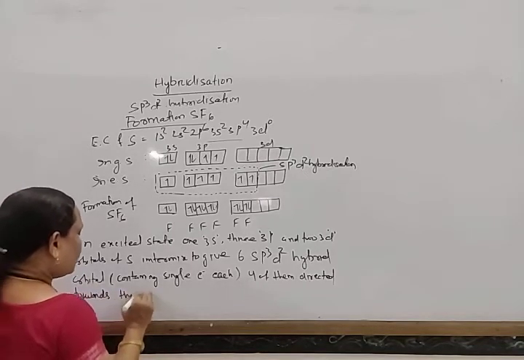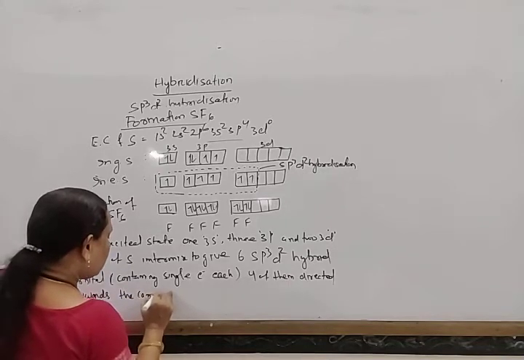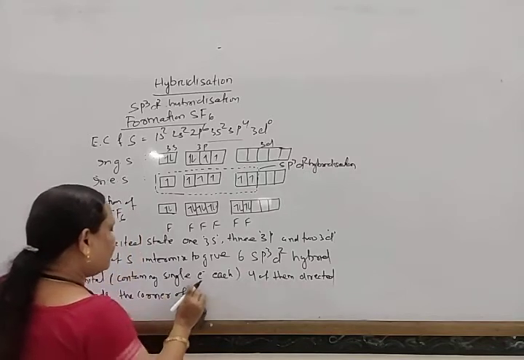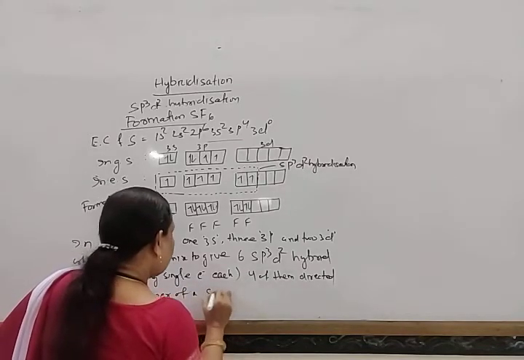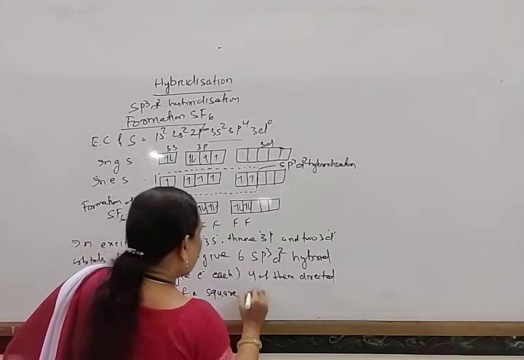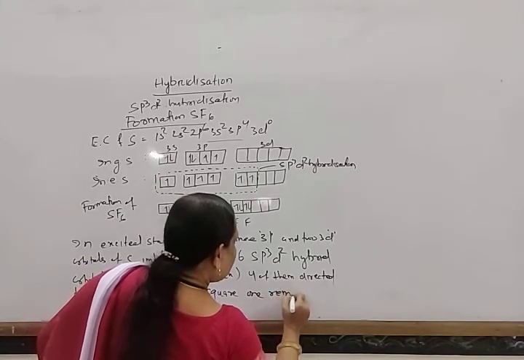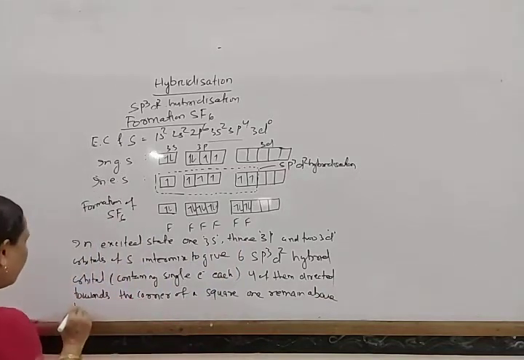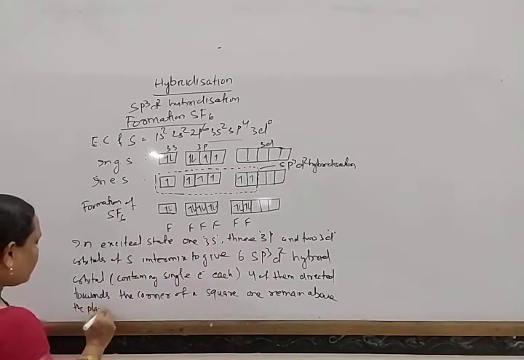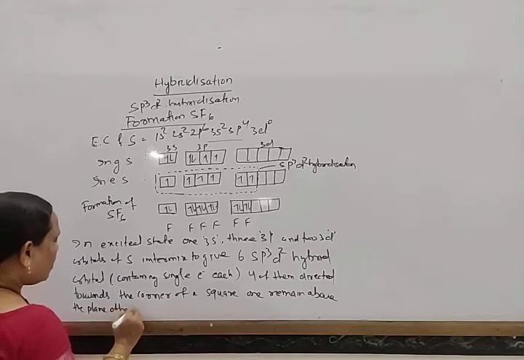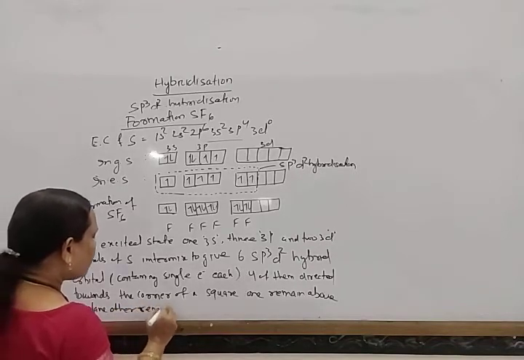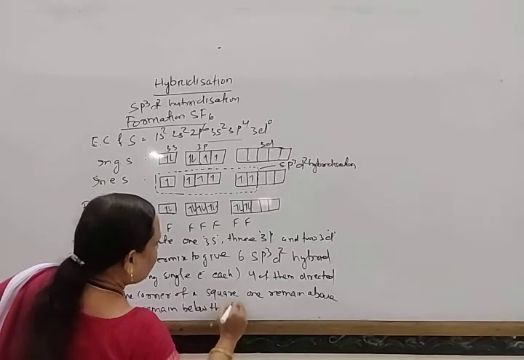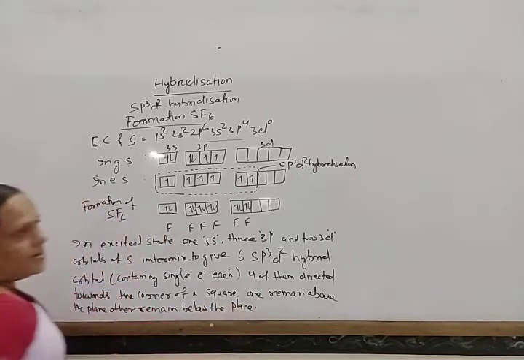the corners of a square, one remains above the plane, and the other remains below the plane.